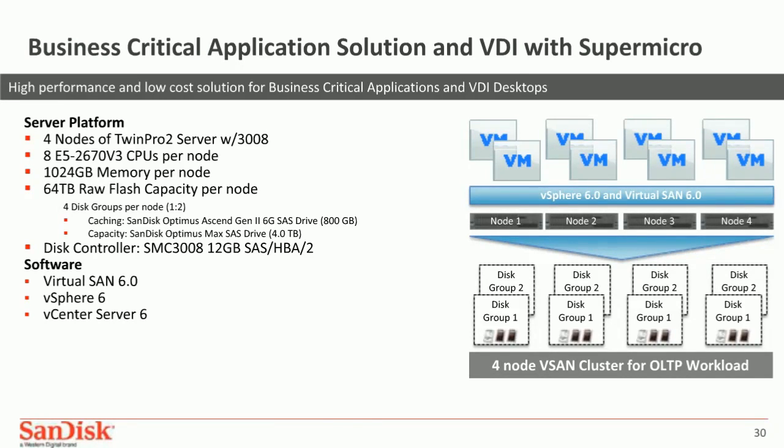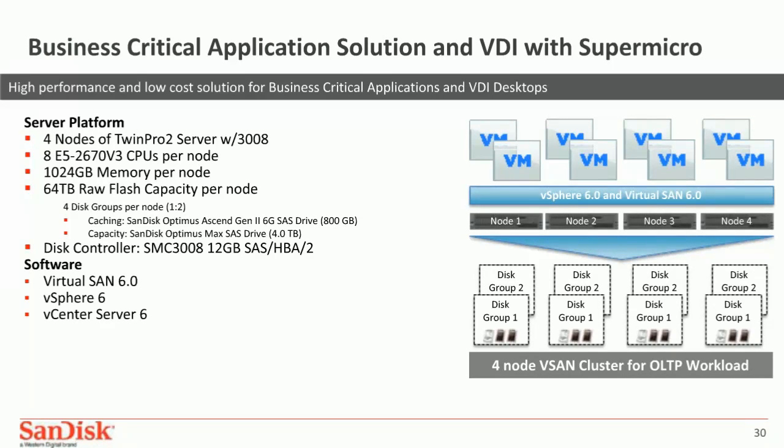When we tested this with VDI, doing desktops for knowledge workers, we were able to support 770 knowledge workers across the 4 nodes, and achieve the performance for both the CPU intensive criteria as well as the storage intensive criteria under the threshold. So again, it's a pretty simple configuration, with just 6 devices per node, giving you 16 terabytes of raw storage and supporting 770 desktops across 4 nodes.